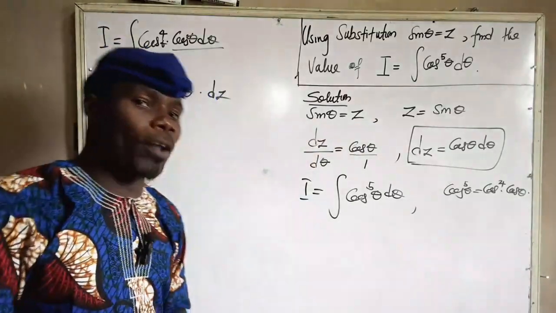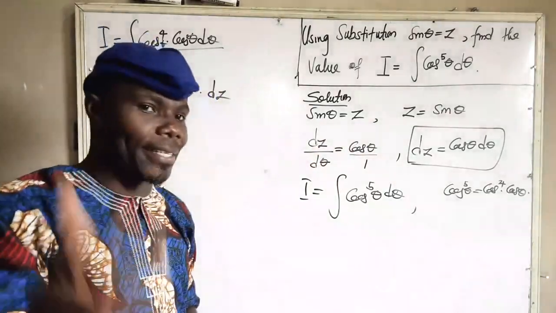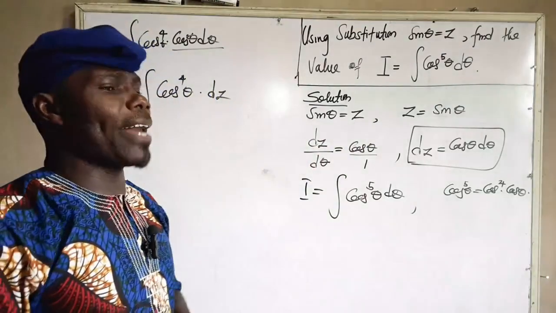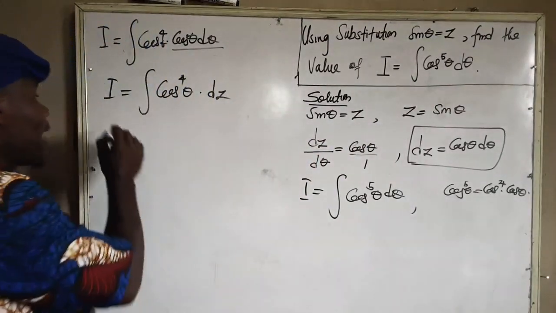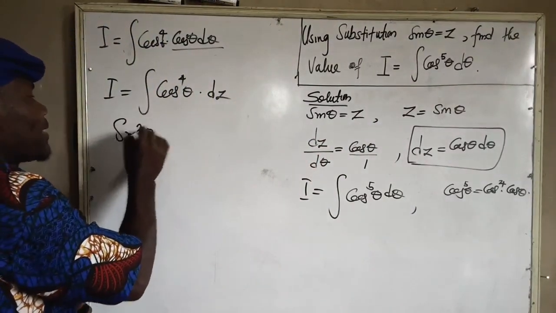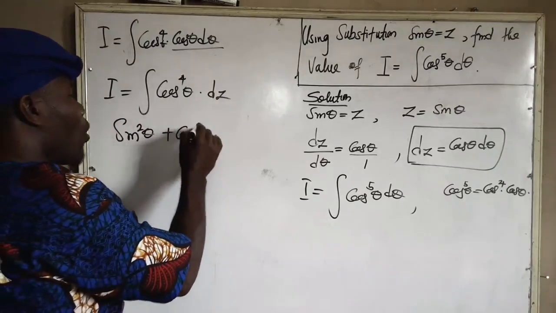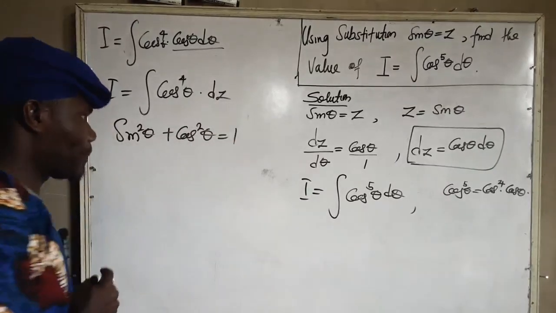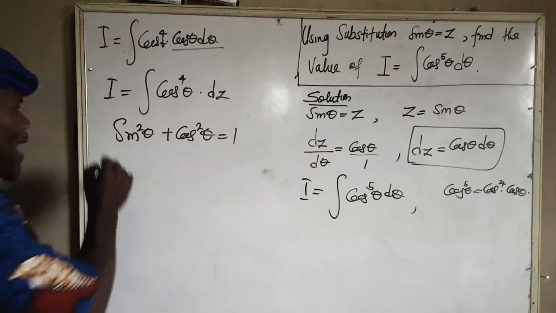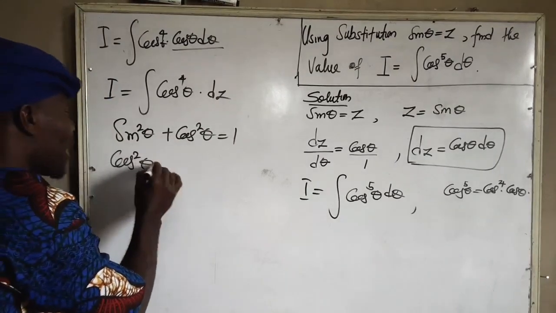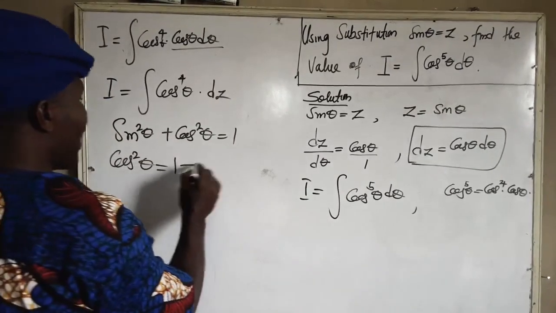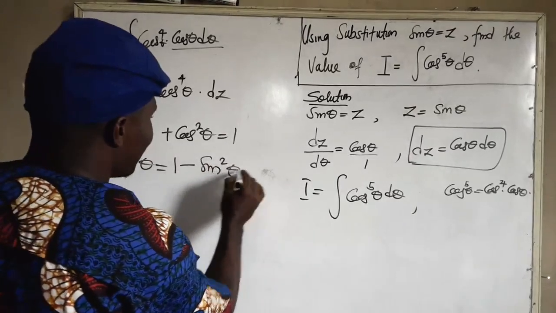We now need to go to what you call the trigonometry identity. What is the trigonometry identity? It says sine square theta plus cos square theta is equal to 1. Recall that cos square theta can be written as 1 minus sine square theta.